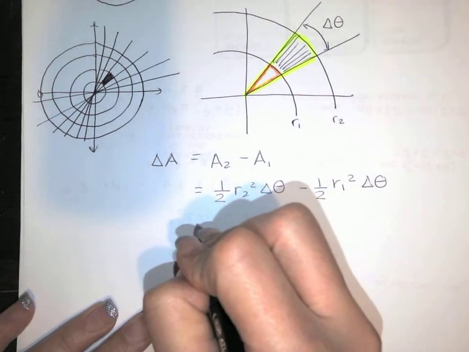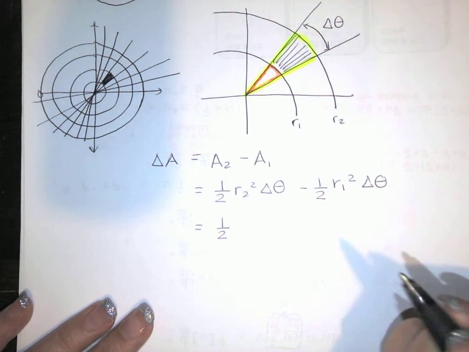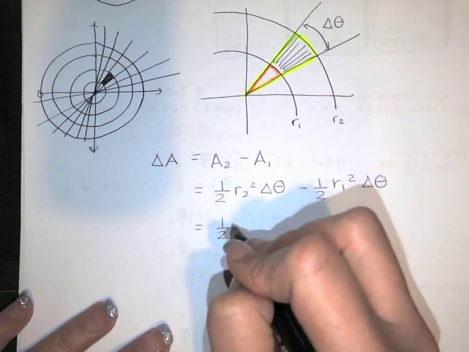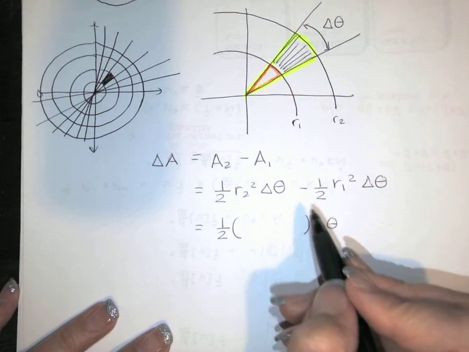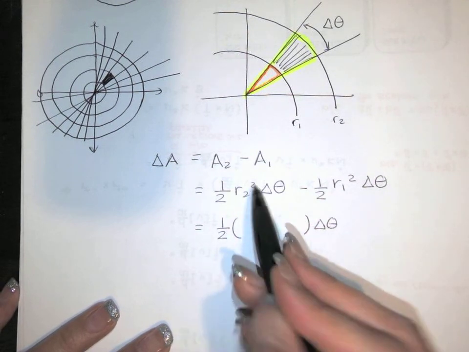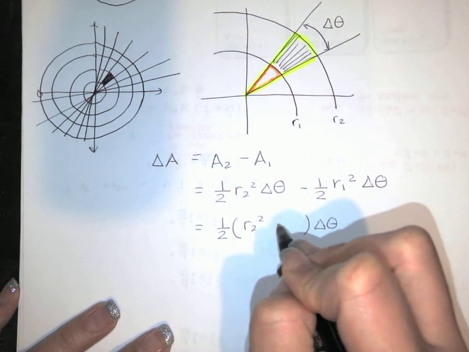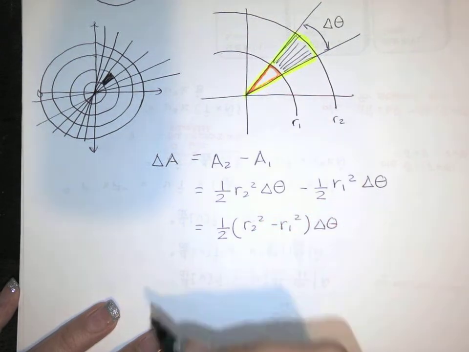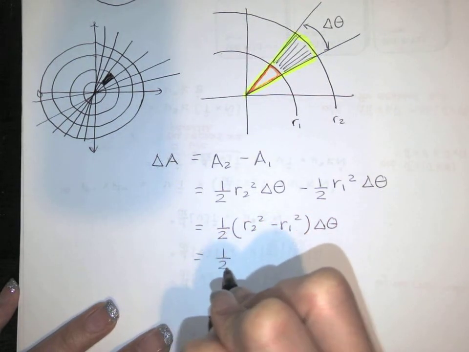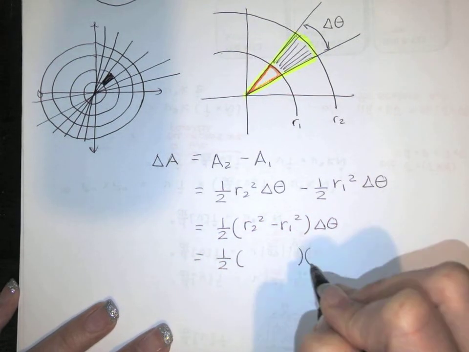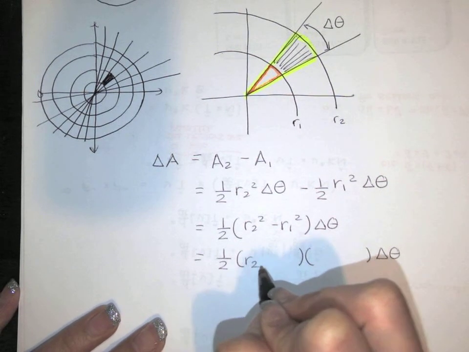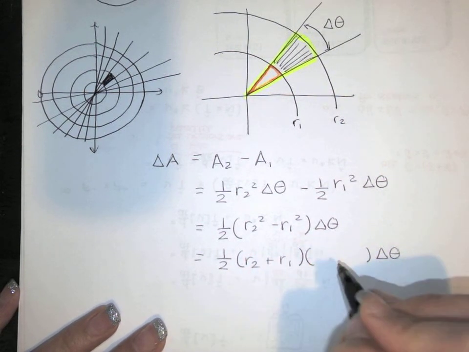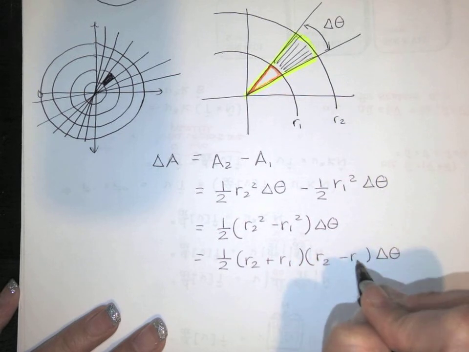And we can factor out the 1/2s, and we can factor out the delta theta. I'll factor that off to the right. And then I'll have an r sub 2 squared minus r sub 1 squared. And watch this. That's a difference of squares, so that factors. So this is r sub 2 plus r sub 1 times r sub 2 minus r sub 1.